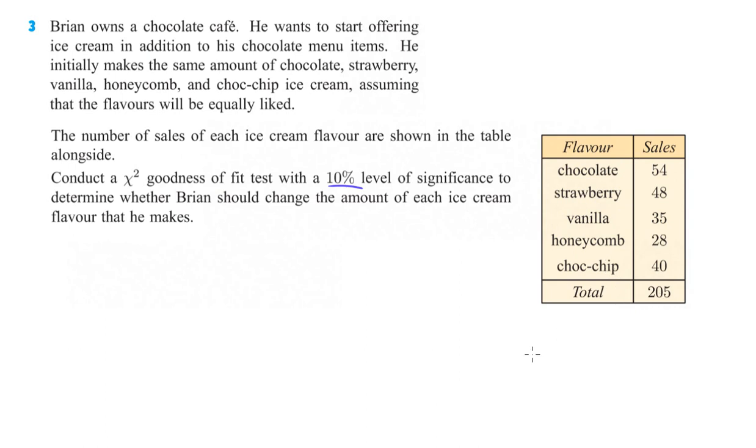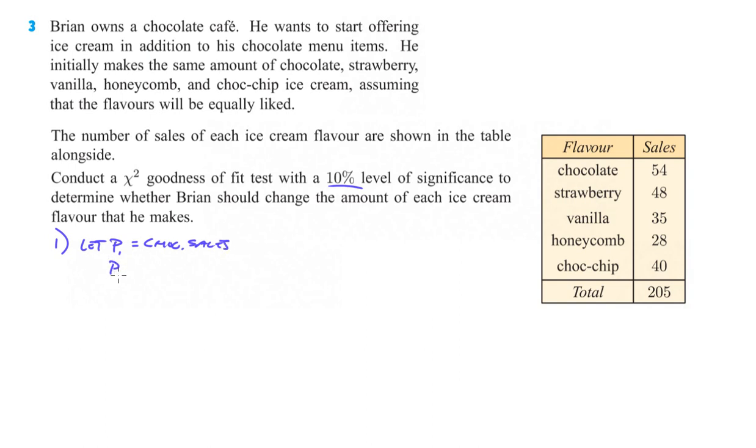Okay. So in order to do our chi-squared goodness of fit test, the first thing we've got to do is set up all of our probability values. So step 1: let P1 be the population of chocolate sales.